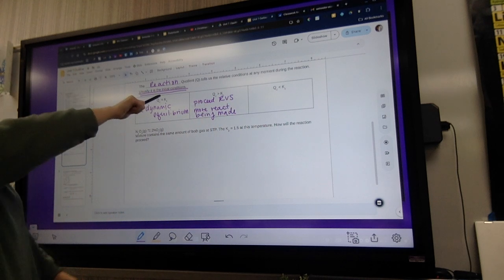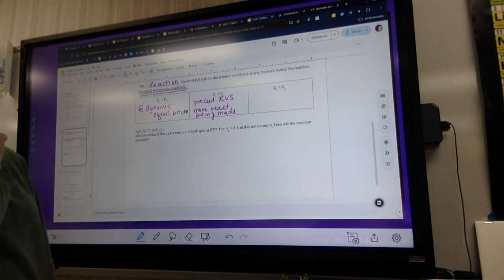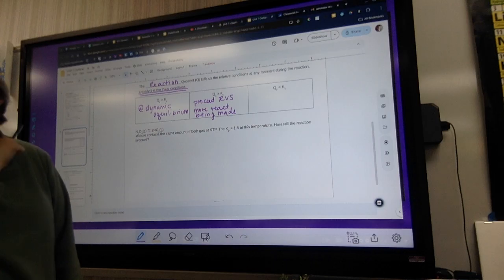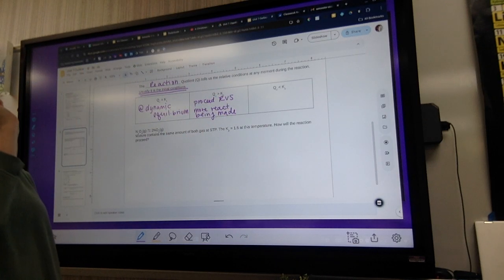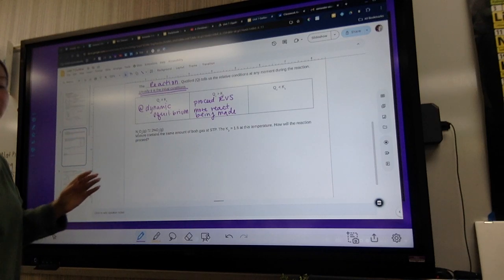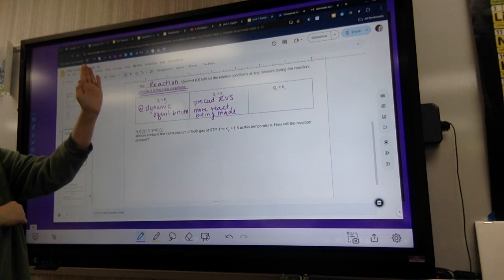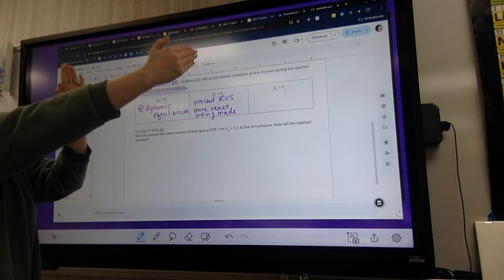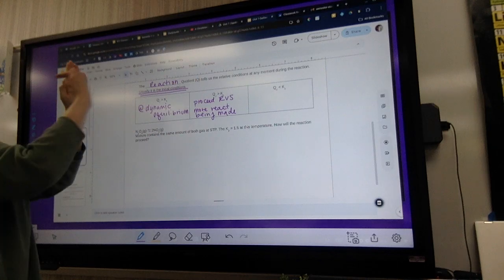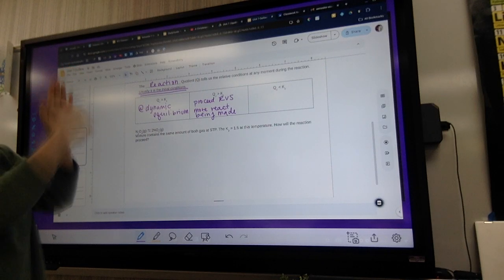What I say is if Q is bigger than K, it went too far. It's got to come back, so it's going to go reverse. K is our perfect condition. So if Q is bigger than K, it went past it, like a finish line. So it needs to go back to meet K.